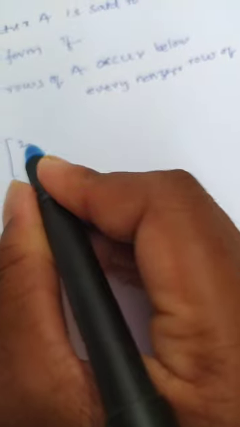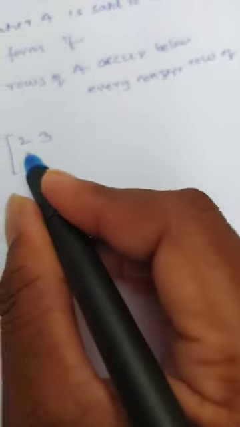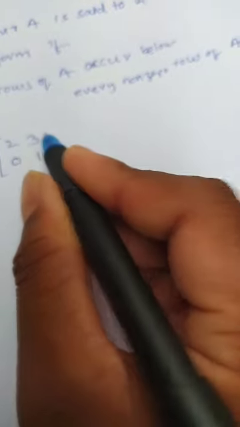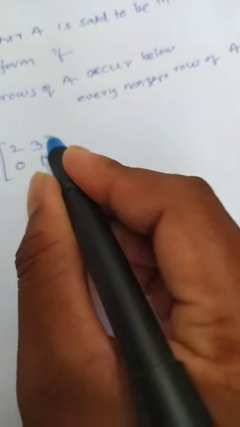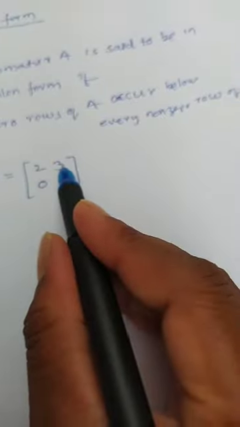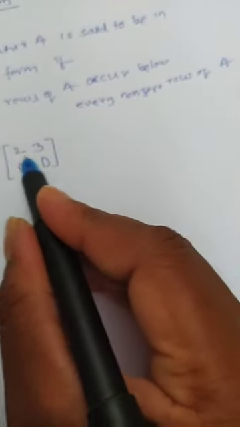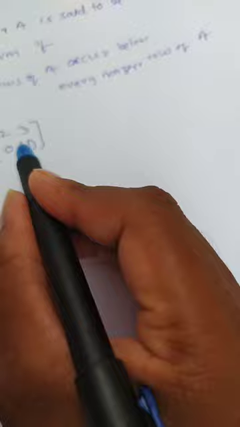Suppose the first row is 2, 3 and the second row is 0, 0. Here the first row is a non-zero row, and the second row is a 0 row. So if a matrix contains a row in which all elements are zeros, that row should be below the non-zero row. So the 0 row lies below the non-zero row, then it is in echelon form.